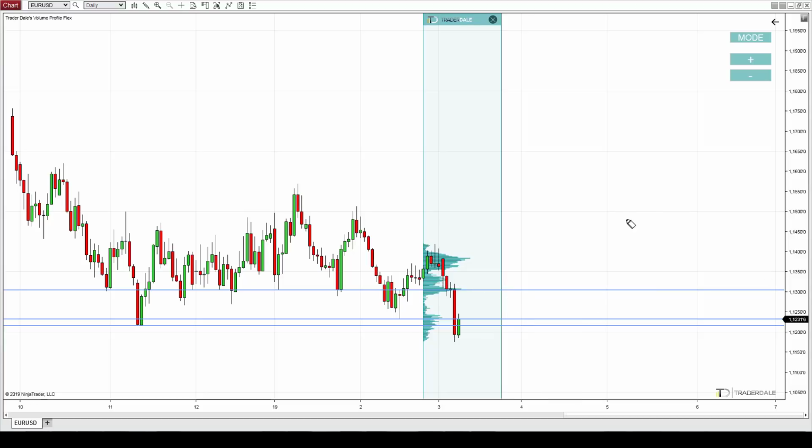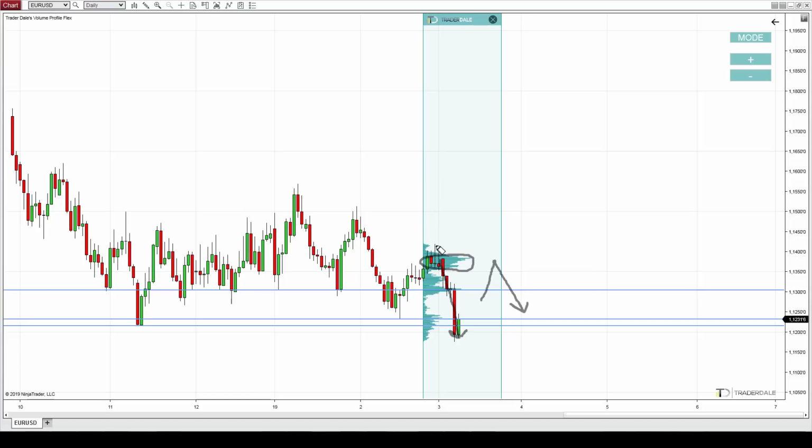And the last one is this general area, this heavy volume cluster. And as you can see, this is basically where the strong sell-off started. So those volumes are likely volumes of strong sellers who will be defending their selling positions if the price makes it back to this general area. So there is a third resistance on the euro.